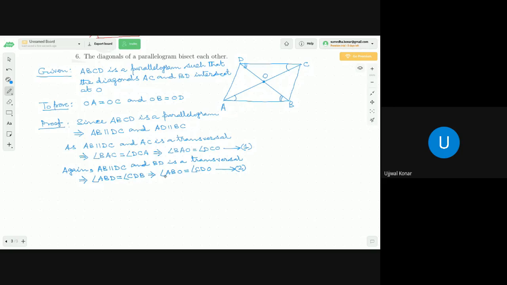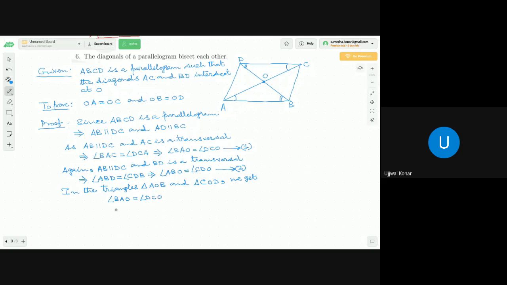Okay, so now in the triangles AOB and COD, we get angle BAO is equal to angle DCO.